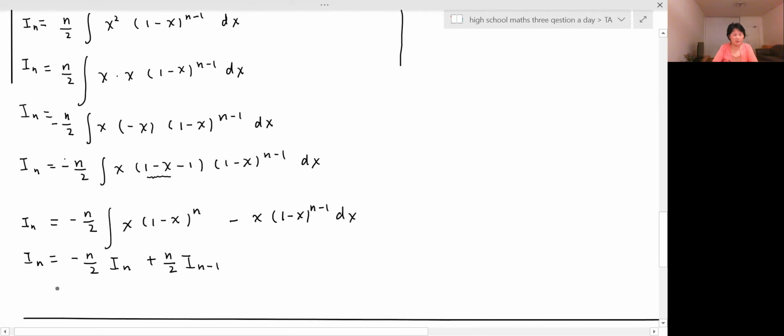Then I move it to the left-hand side. That means (1 + n/2) I_n will be equal to n/2 I_(n-1).